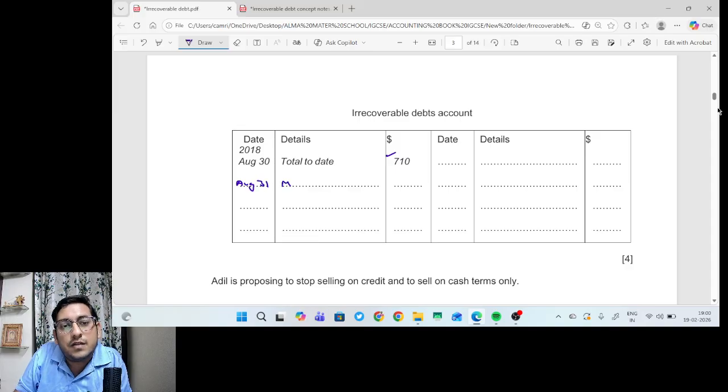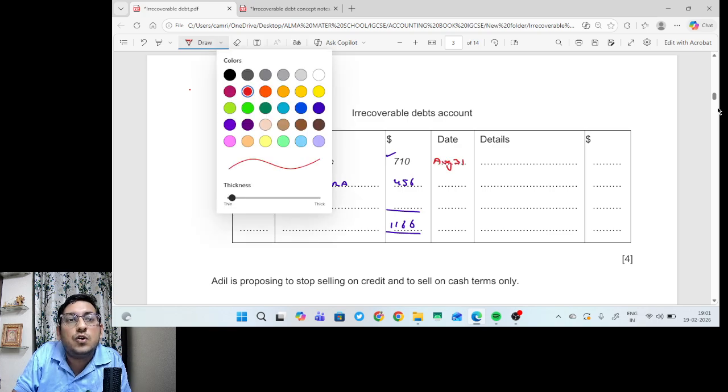Mahindra irrecoverable debt account. This is just a double entry. Mahindra account 456. So what is the total? 1166. Can I say this 1166 will be transferred to statement of profit and loss?